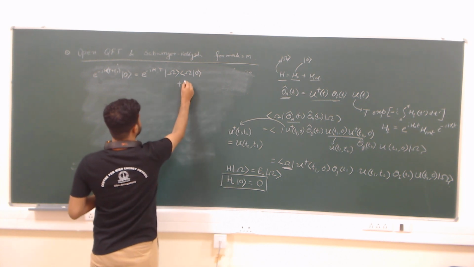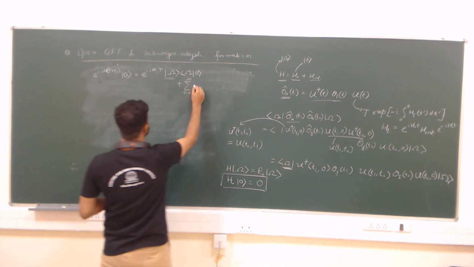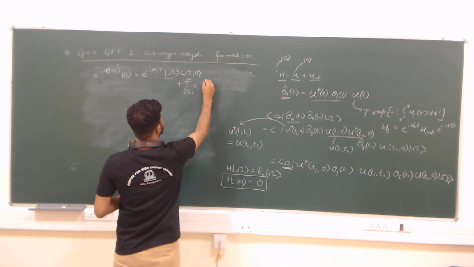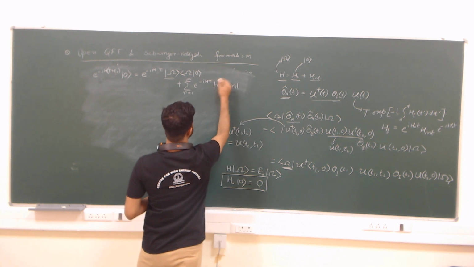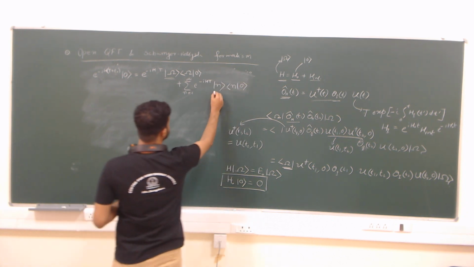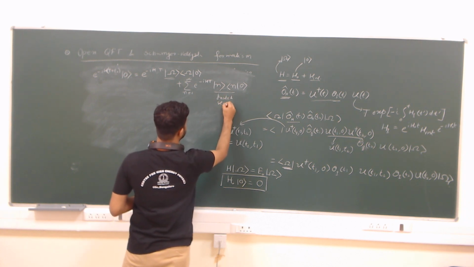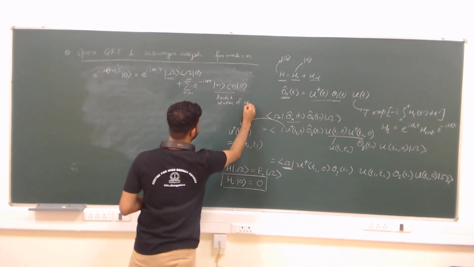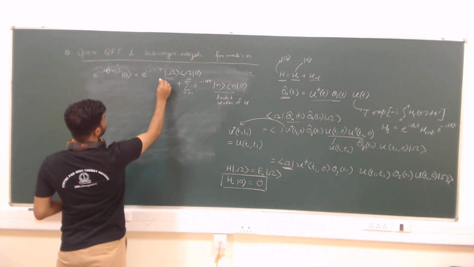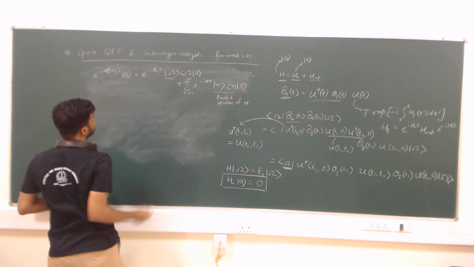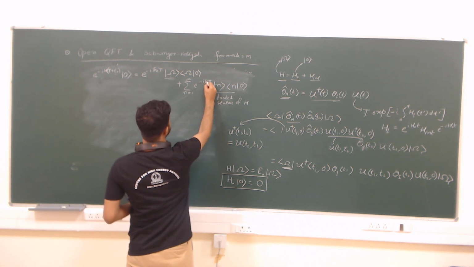You can write this as a sum over the excited states of the interacting theory. If we just use the eigenvalues, because all of these will give certain eigenvalues, this will give me E0 and this will give me EA.